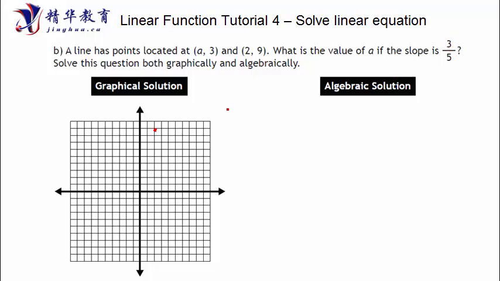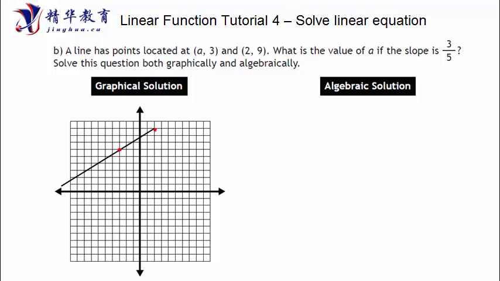Going backward 1, 2, 3, 4, 5, the y value goes down by 1, 2, 3. Then we draw a line like that.